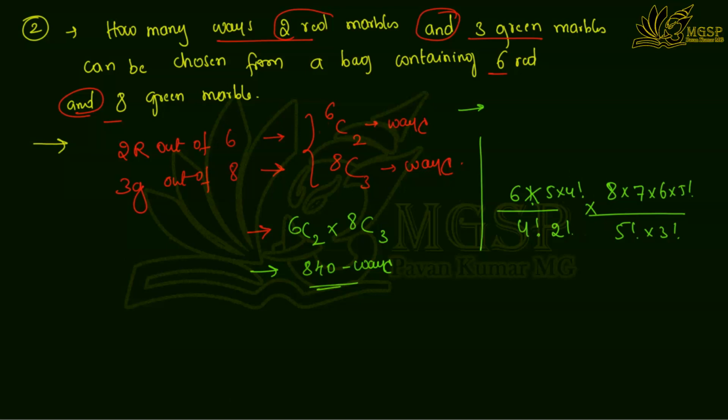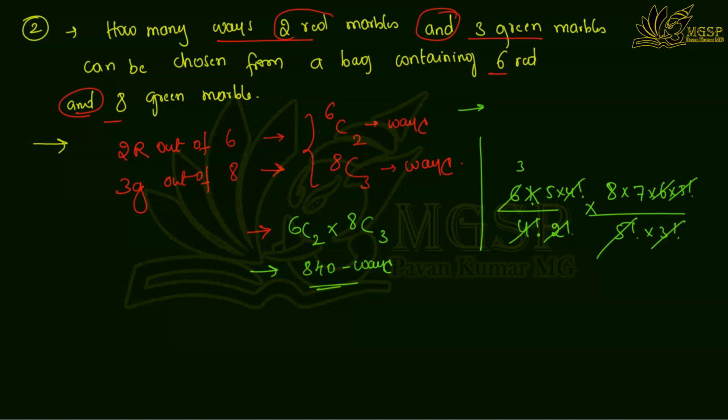You can solve this without a calculator. The 4 factorial cancels, 2 ones are 2, 3 factorial is 6, the 6s get cancelled, and again 3 into 5 into... if you multiply this you will get 840 ways.